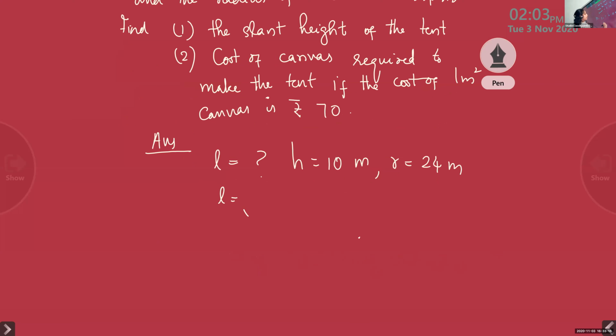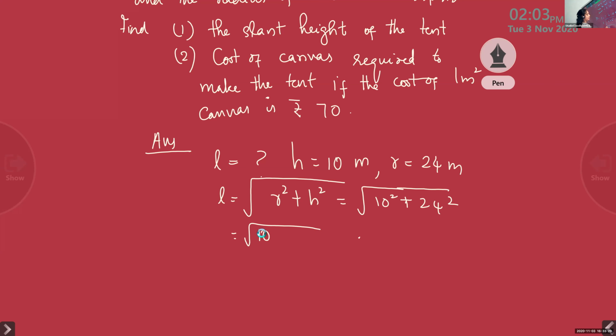L equal to root of r square plus h square, root of 10 square plus 24 square. What is the answer, children? Root of 100 plus 576, so root of 676. The answer is 26 meter. Okay, this was the first question.